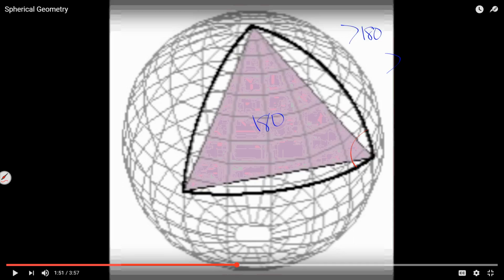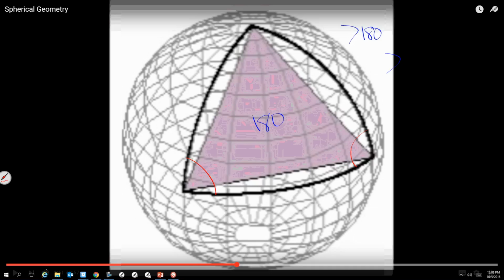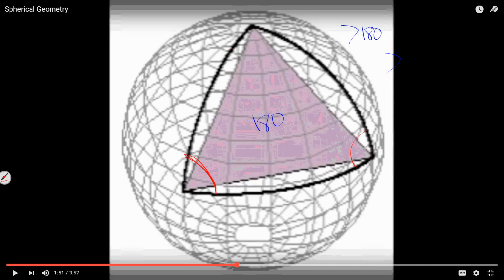A sphere is curved. So look what happens. See this angle here? Do you physically see how this red angle is bigger than the angle on the gray triangle? If I know the gray one has a sum of 180, what would happen if I added up my angles on my sphere? It's always going to be more than 180.